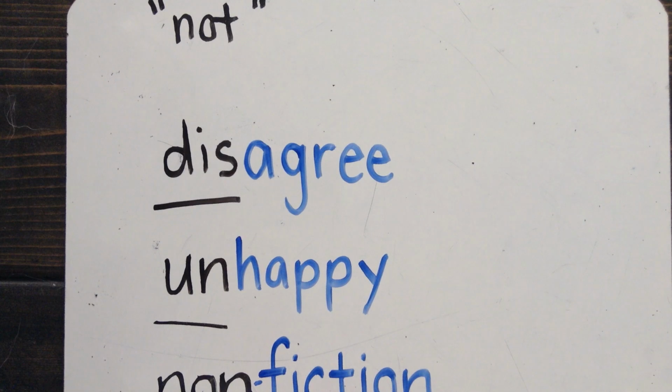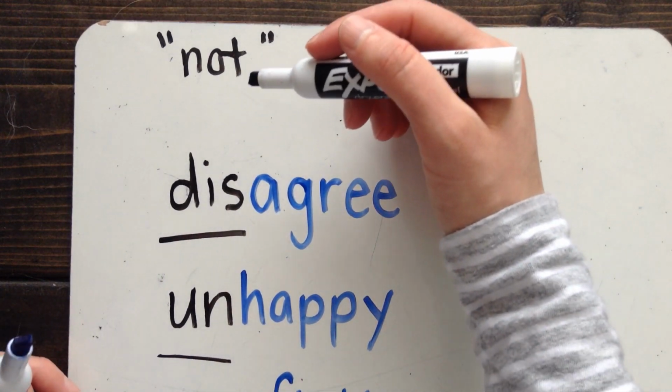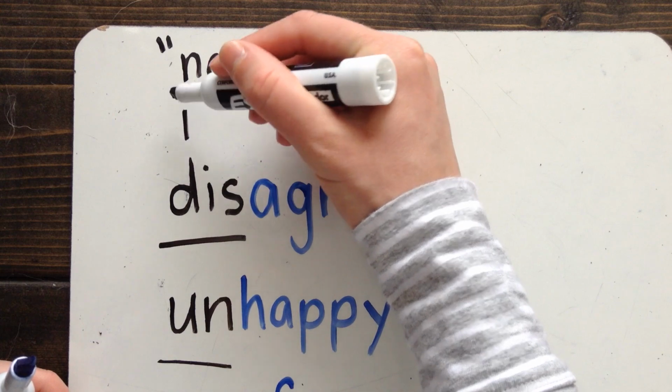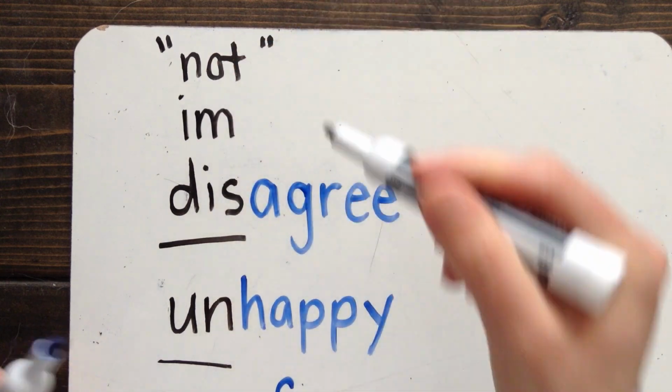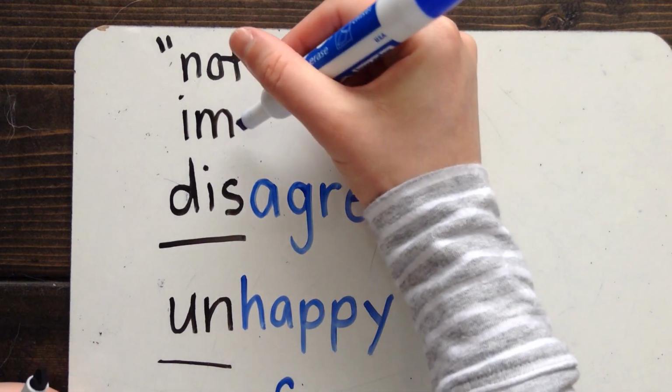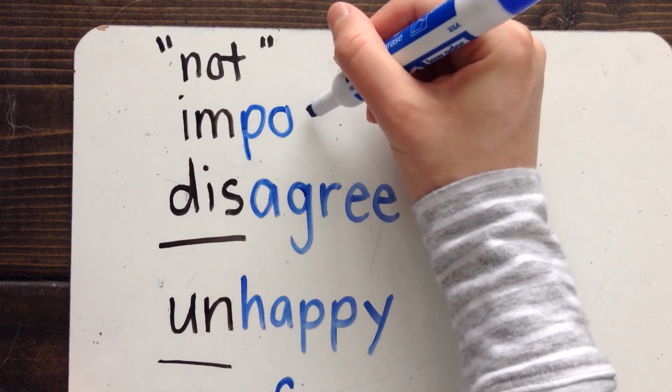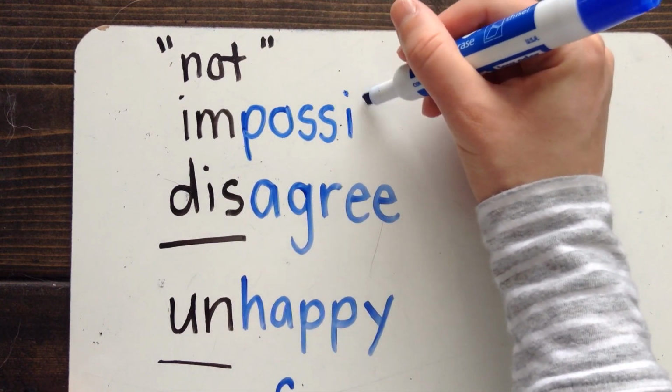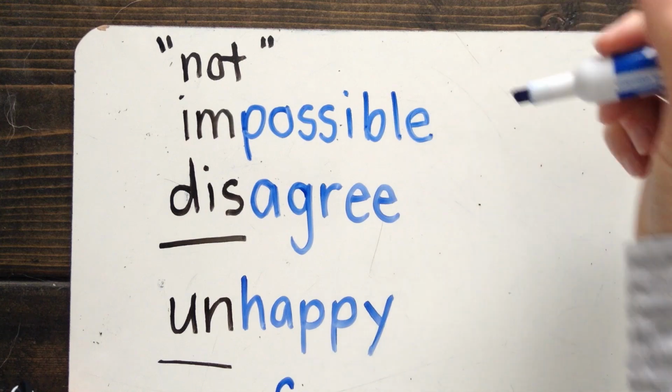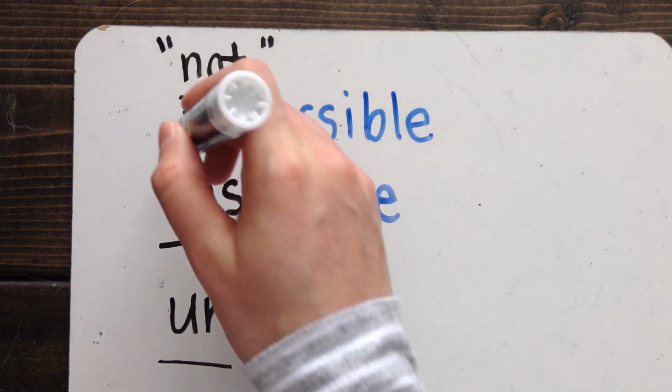Let's see, there was one more prefix we used that also meant not. Can you remember what it is? We'll try and fit it in right up top here. It was the prefix im. This is the word impossible.